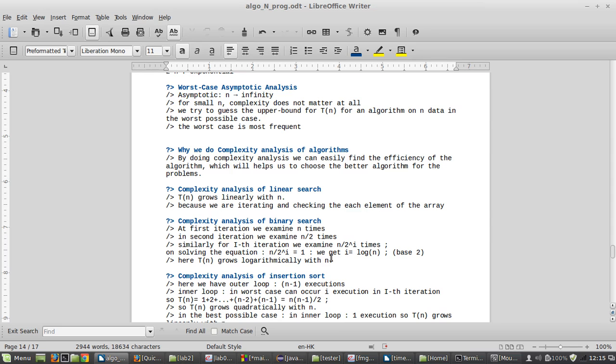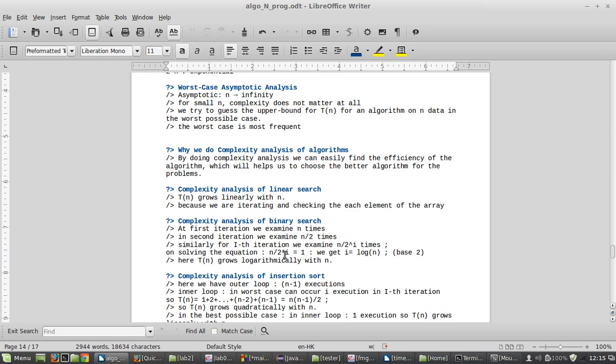So now we try to solve the equation n by 2 to the power i equals 1, because you know that when the array reaches 1 element, the iteration must stop, and that means the algorithm terminates, right?